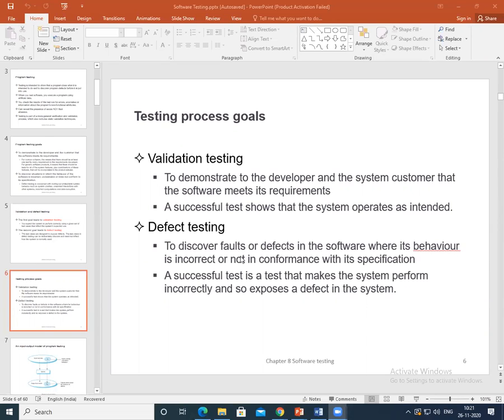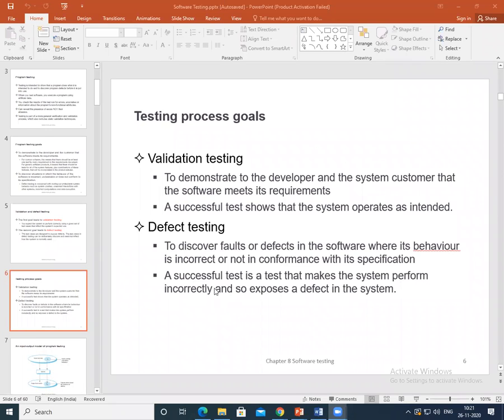Defect testing is to discover the faults or defects in the software where its behavior is incorrect. Okay. So you could see what defect testing is.